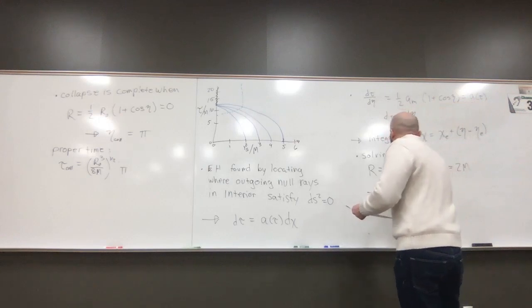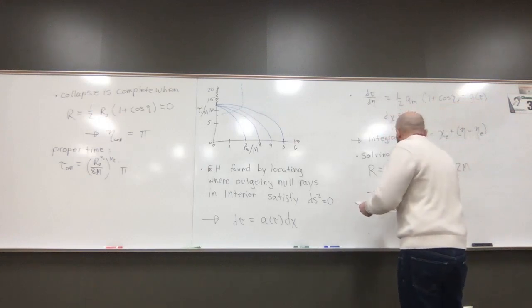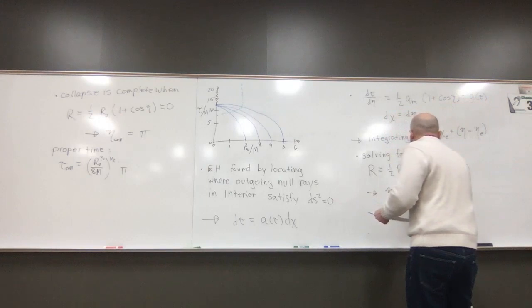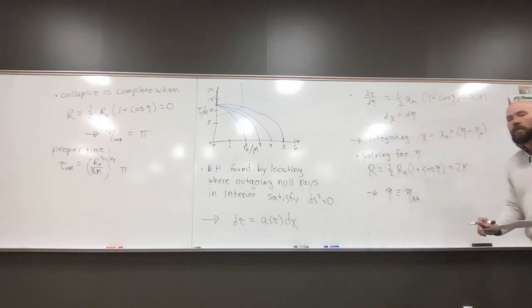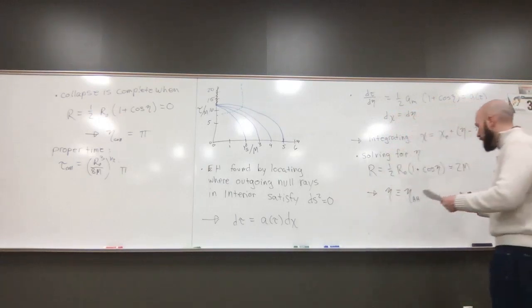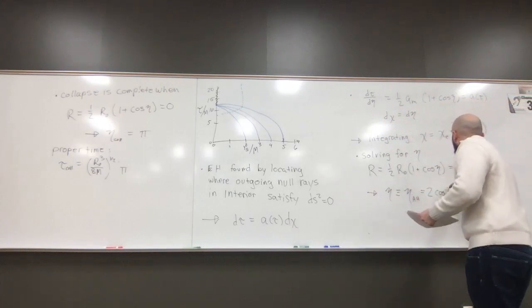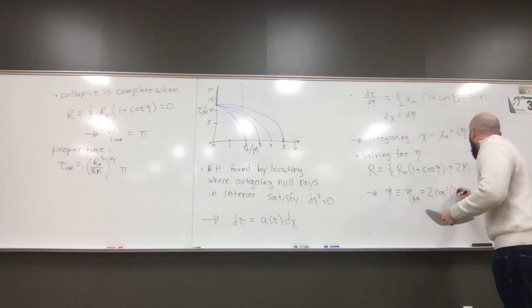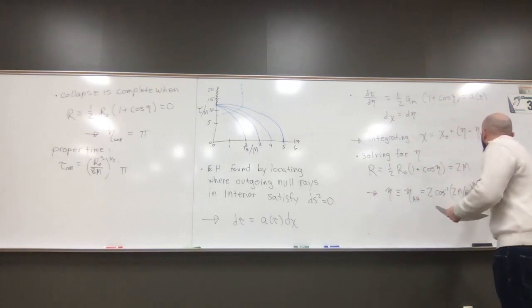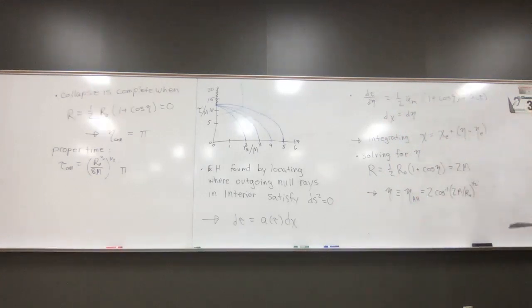This leads to eta, which I'm going to define now as eta AH for apparent horizon, which is equal to 2 times inverse cosine of 2m over r naught all to the 1/2. Okay? Solving and using a trig identity, right?